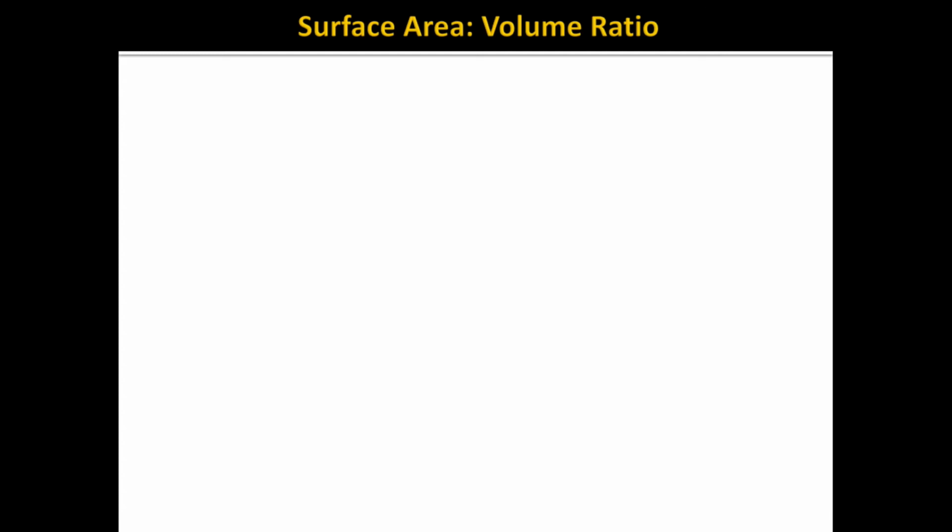Objective number 6 says relate the surface area to volume ratio to cell size and recognize the consequence of this ratio to cell function. So what's really important here is that we're trying to understand why cells are small. Why are cells not really, really large? Well, the reason is because of surface area to volume ratio. Or in other words, the amount of surface area compared to the amount of volume.